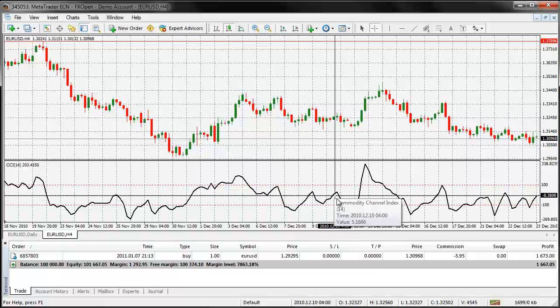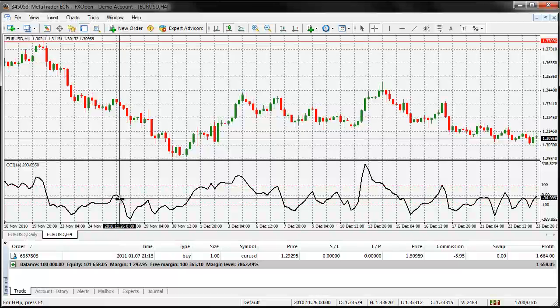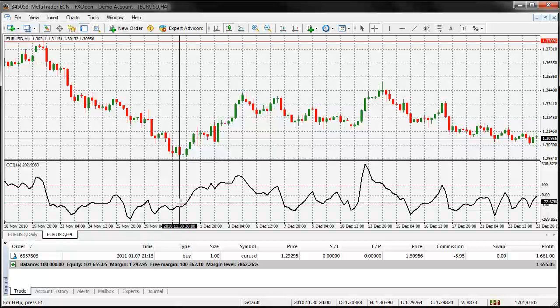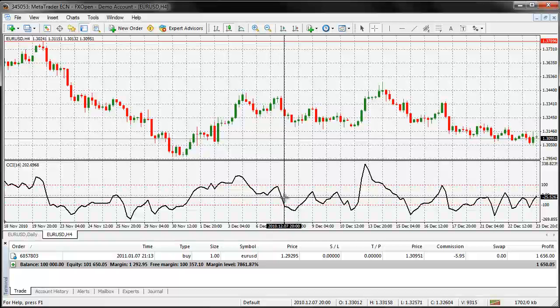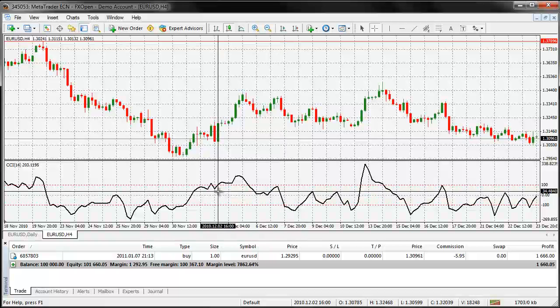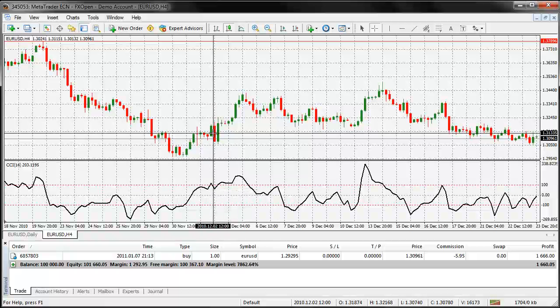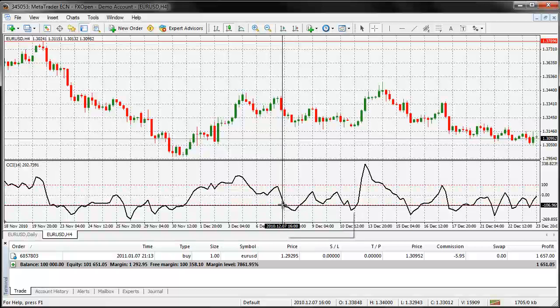So there's a bit of sporadic movements going on when you're inside these two red lines. Anything inside it is really an area to tell you not to trade. When you see the break above the red line, then you go long, and when you see the break below the minus 100 line, then you go short.